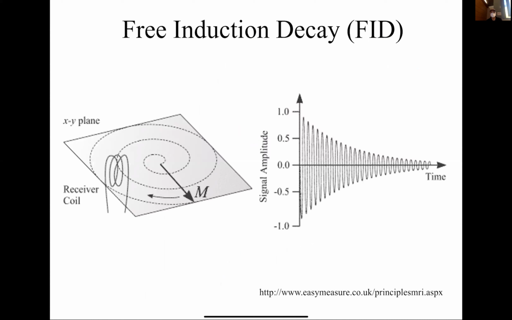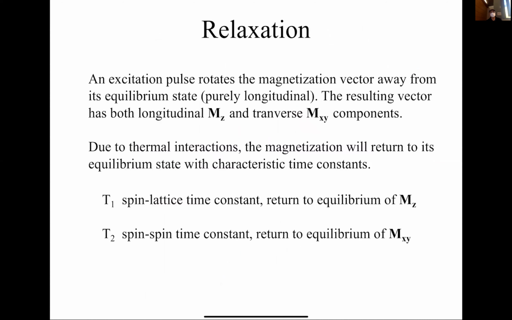Today, we're just going to give you a very quick, high-level overview of relaxation. Later on in the course, we're going to come back and look at the detailed mechanisms that give rise to relaxation, and how you might manipulate it.